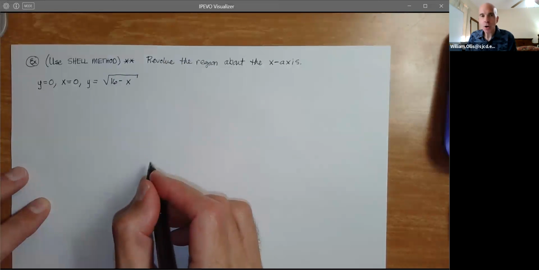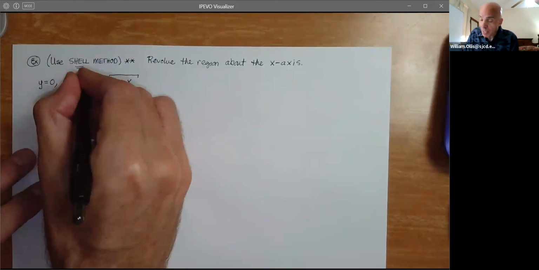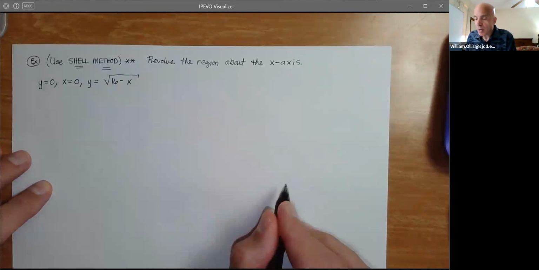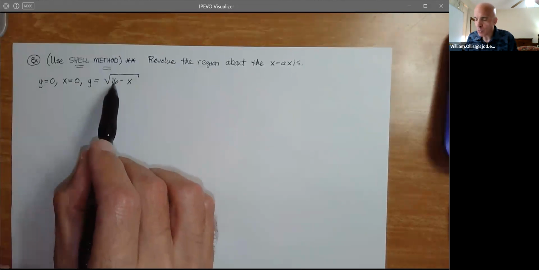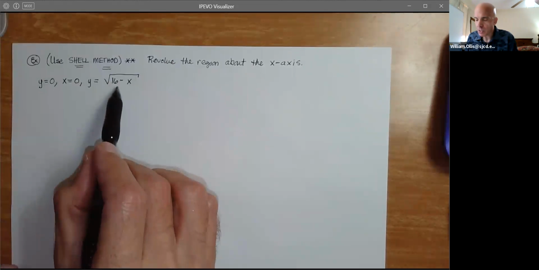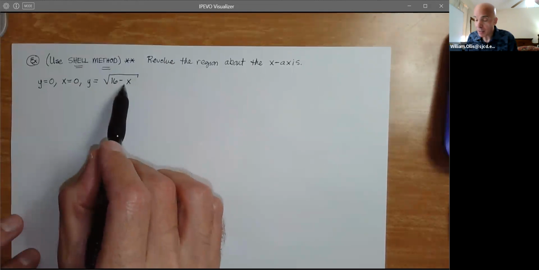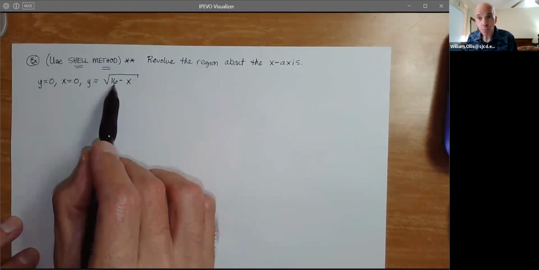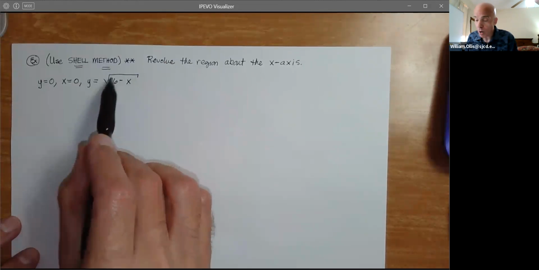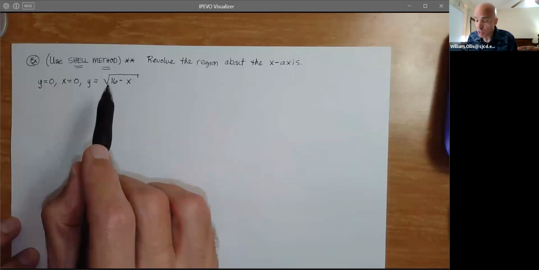Okay, so again, we want to use the shell method because we want to get some practice with it. You can see that this is going to live in the first quadrant. That's a positive square root function. We've done a little bit of work with it. That is, we've got it opening to the left, and it's moved over. So this is where we're actually using some college algebra transformations.